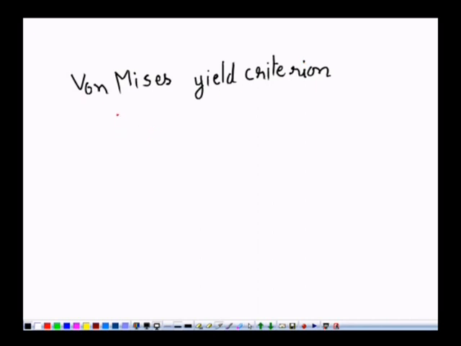According to that, we have derived that the shear yield stress is K, which is sigma y by root 3, meaning whatever the yield strength is, dividing it by the square root of 3.